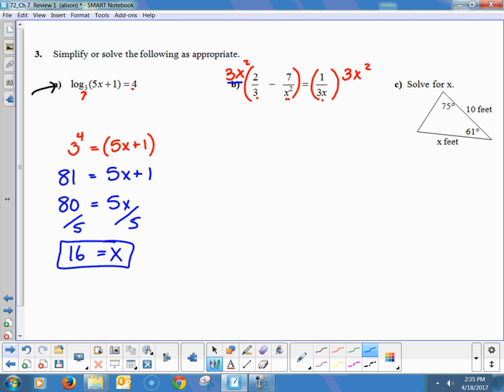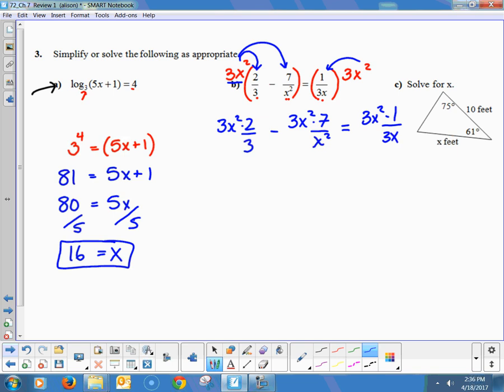If I multiply 3x squared times this first term, I'm going to get 3x squared times 2 divided by 3, minus 3x squared times 7 divided by x squared, equals 3x squared times 1 over 3x.